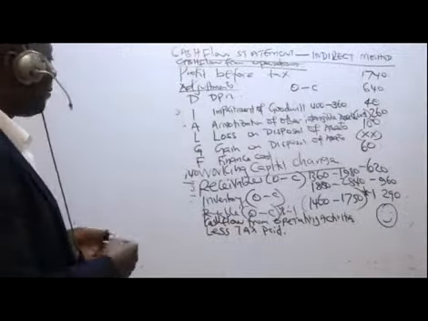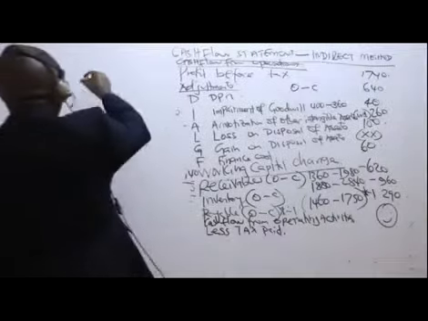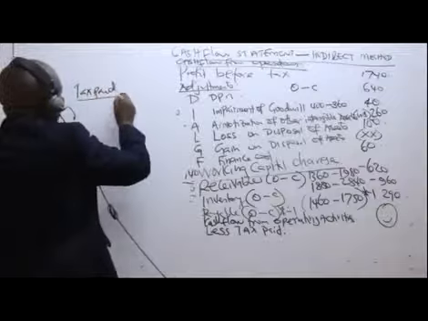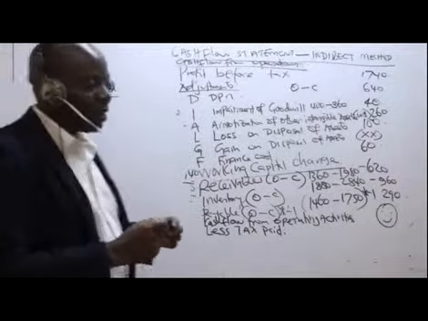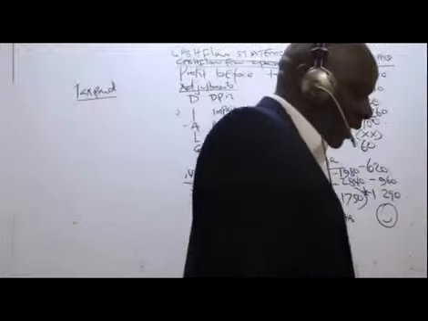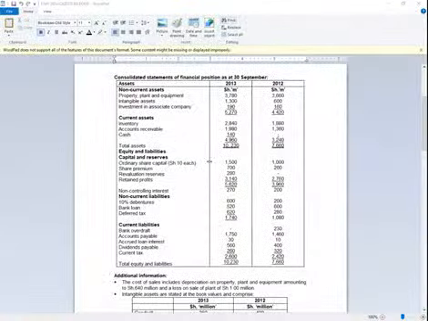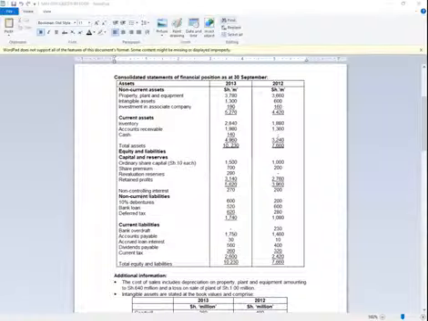So less tax paid. For tax paid, I would want a working, but I will never do a T account for tax paid, not unless I'm another one. So for tax paid, I have deferred tax and the current tax.